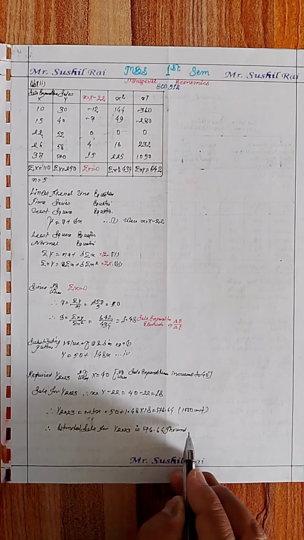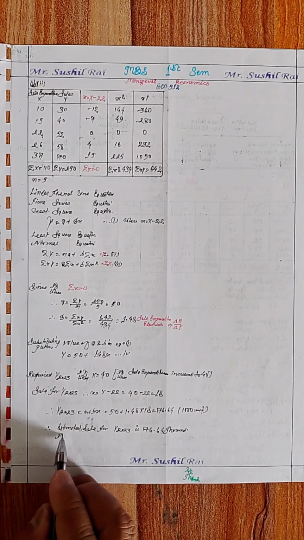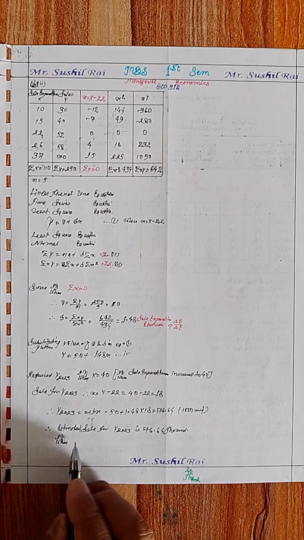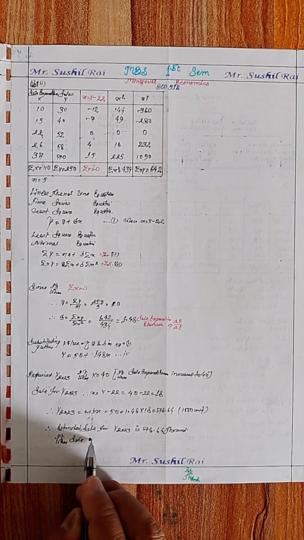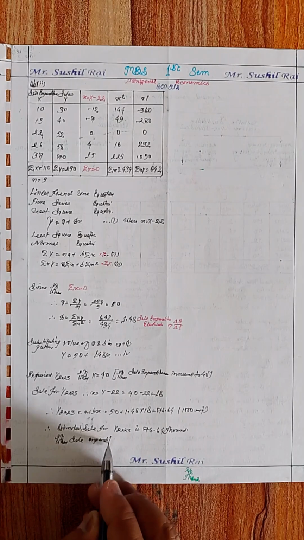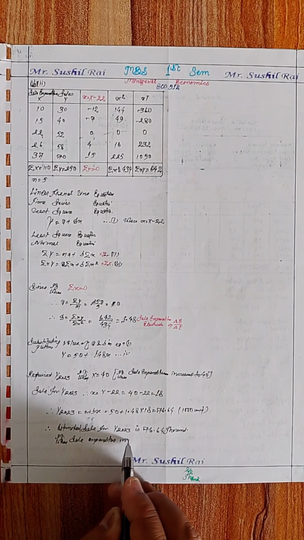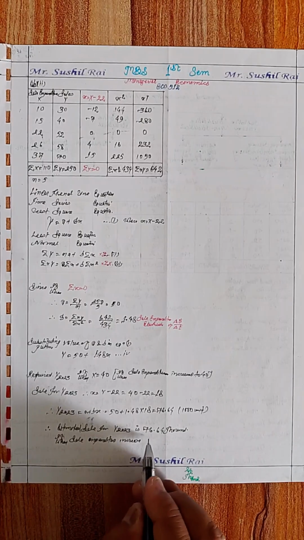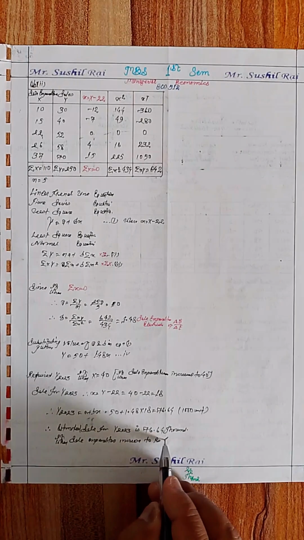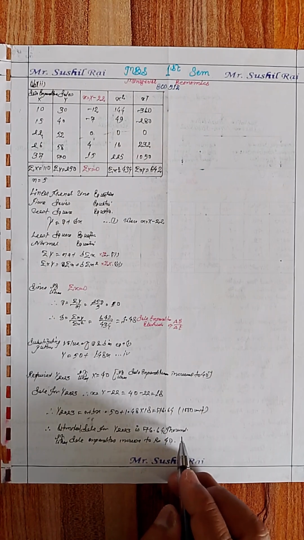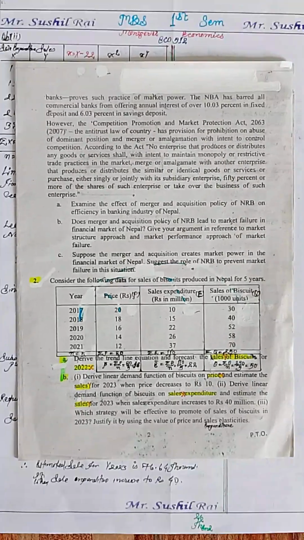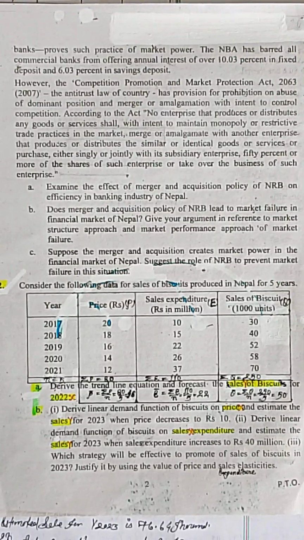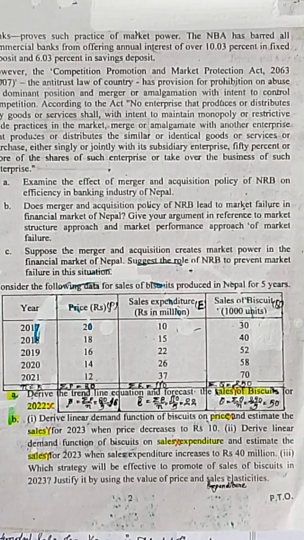If, when sale expenditure increases to rupees 40, B II: which strategy will be effective to promote the sale of the biscuit in 2023?